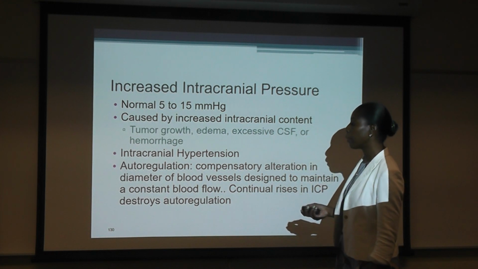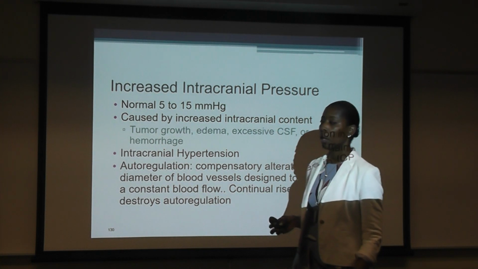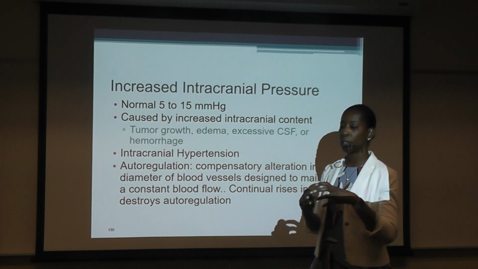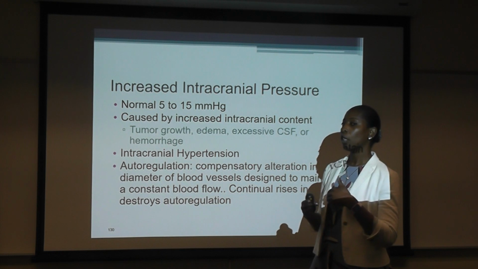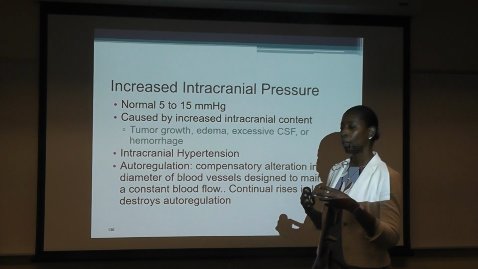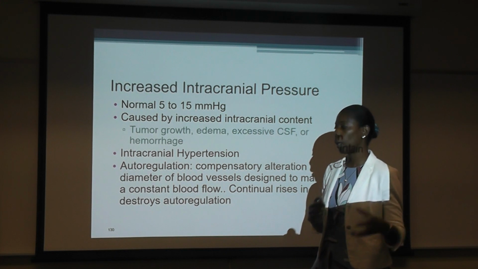Okay? We have a system called autoregulation. Autoregulation is where the body tries to adjust to the changes or the shift in brain components to accommodate that new area in the brain that's not supposed to be there.